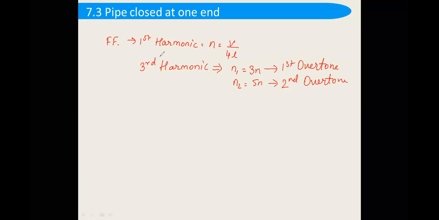But the fourth harmonic is not there. Directly the fifth harmonic is there. So what we understood is that 1 is there, 3 is there, 5 is there. Even numbers are missing.